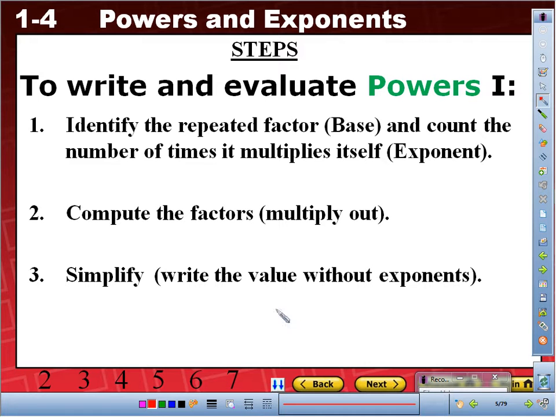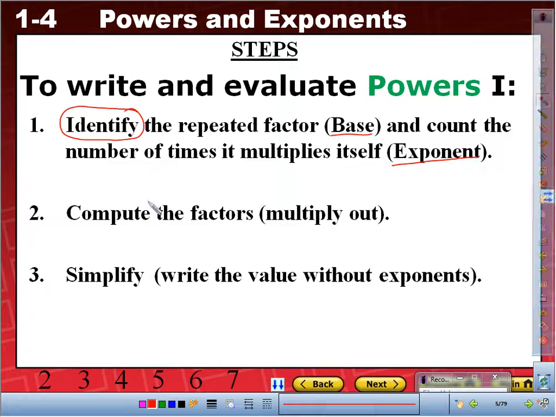And as you're writing those steps down, things to remember: I want you to circle identify and underline base, underline exponent. Step 2, circle compute. What does compute mean? Underline multiply.